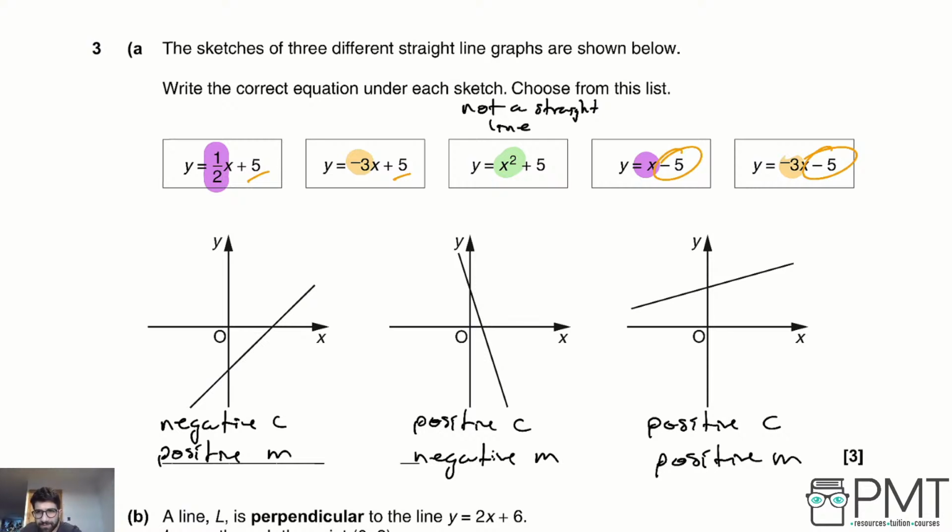So let's pick the correct ones. As you said, both of you, thank you, y equals x minus 5, because that works with the negative intercept and positive gradient. For the second one, the positive intercept with negative gradient is minus 3x plus 5. And then the last one, we want both of them positive, so that's half x plus 5.